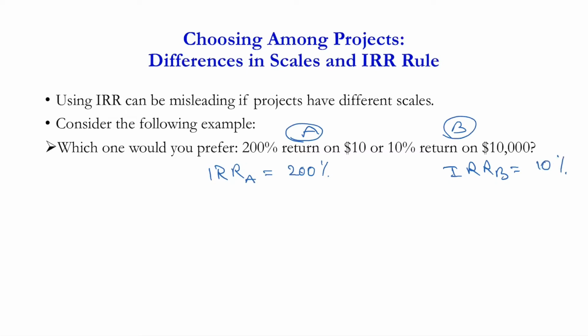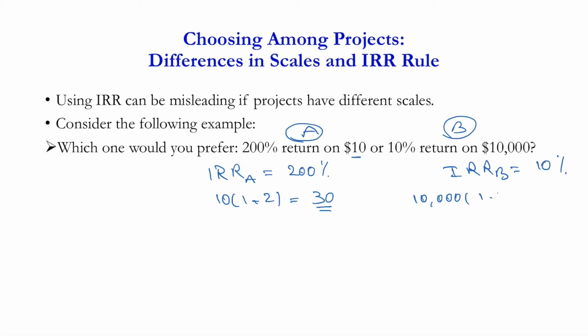But 200% on $10 would give us $20 in return. So essentially, I can multiply 10 by 3 to get 30. Including my initial investment, the return for project A would be $30. If I calculate the same thing for project B, 10% of $10,000 is $1,000.